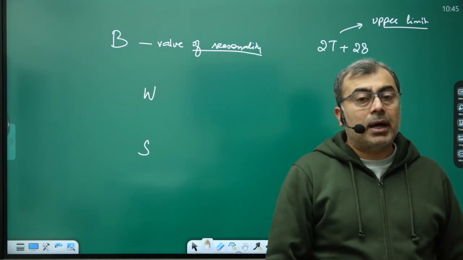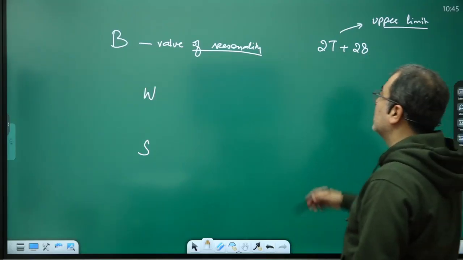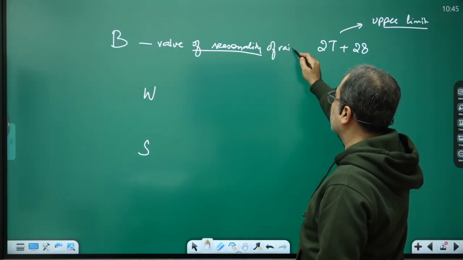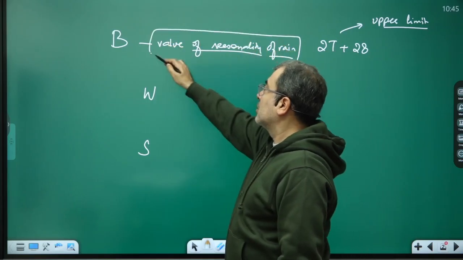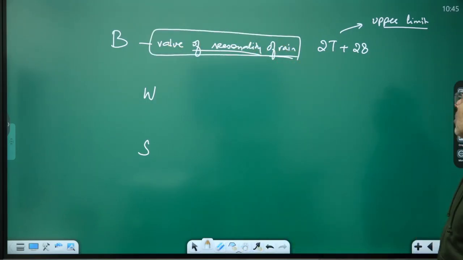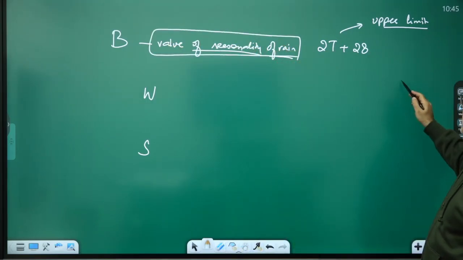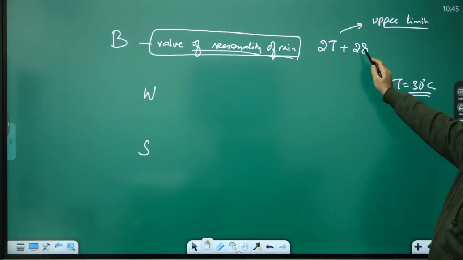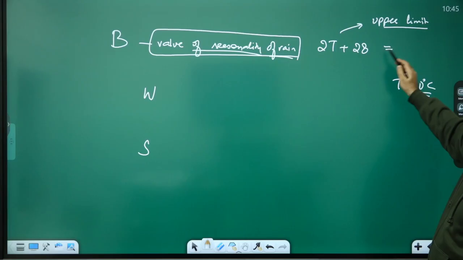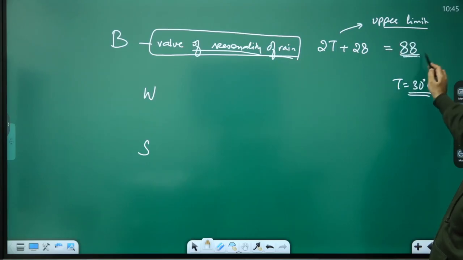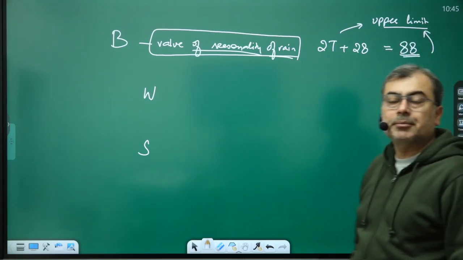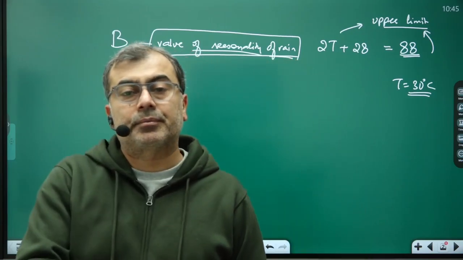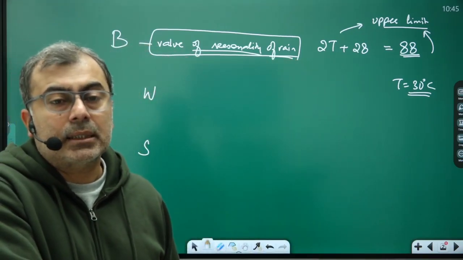Okay, so I have to see the value of seasonality of rain. What is this value? Your average temperature T is 30 degrees Celsius. What will this come to? 30 into 2 is 60 plus 28 means 88 is the upper limit of B. Everyone okay? 88.